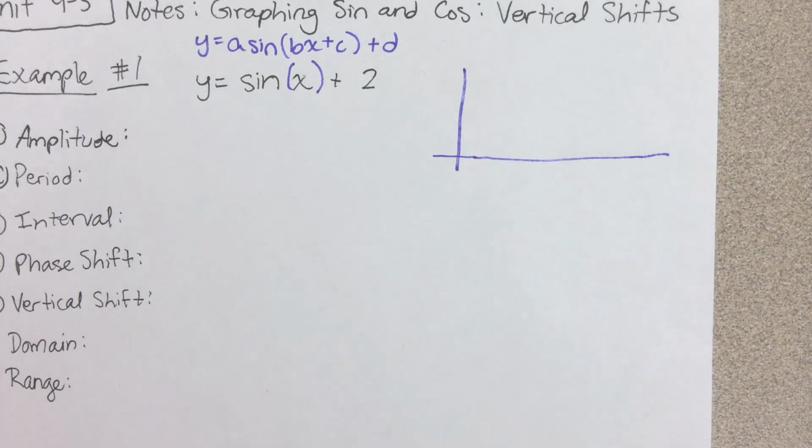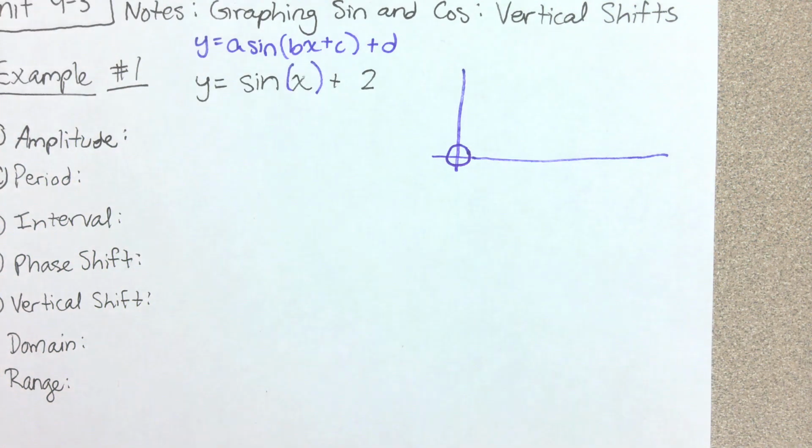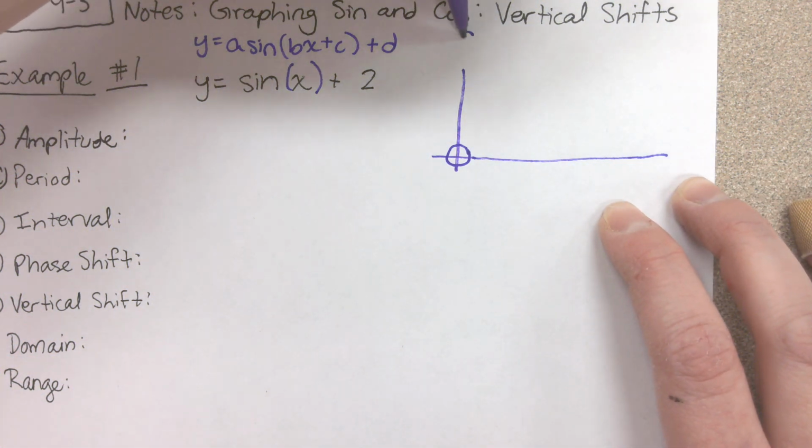So a sine has a basic kind of template you have to follow. That little circle represents the origin. And when we start moving things around, that concept's going to get a little blurry, but for now that is the actual origin. So the sine graph, when it's graphed correctly, makes an S-curve.